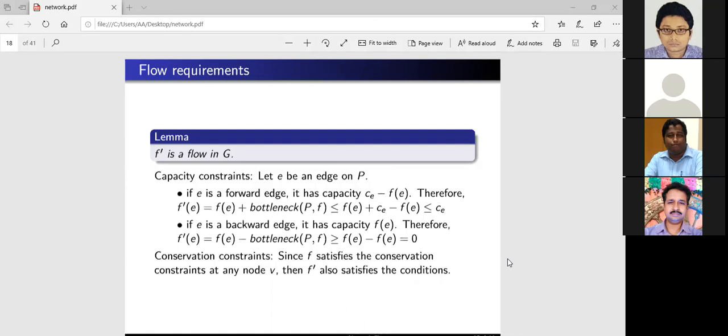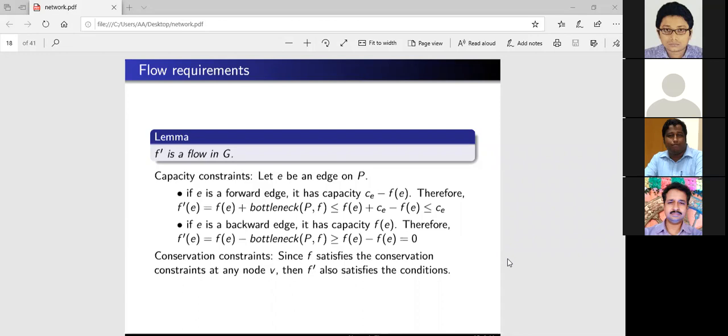So these are the backbone of the correctness proof. If we increase the flow with an augmenting path, it still remains a valid flow. I am not trying to prove it, I am just saying it is very easy to see that it remains a valid flow. We have to check two conditions.